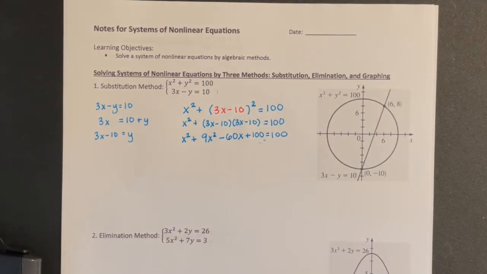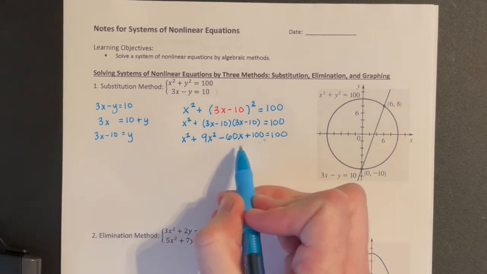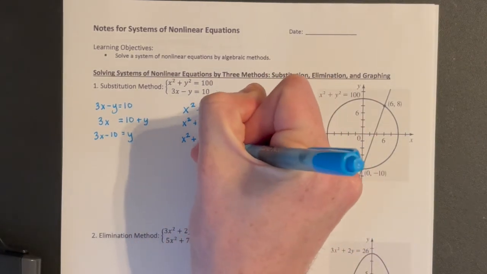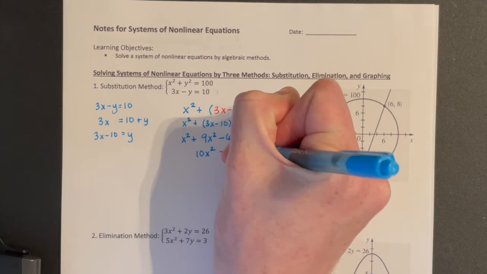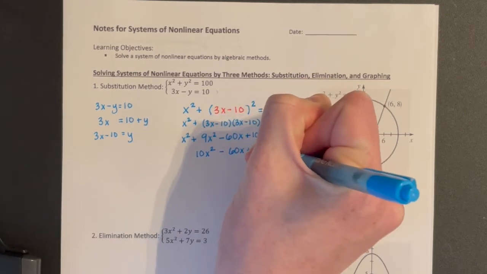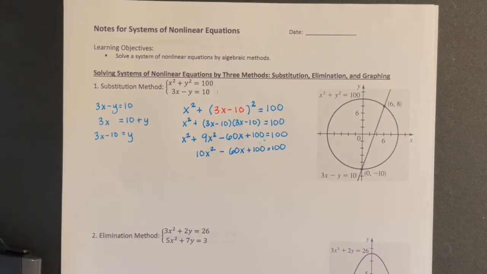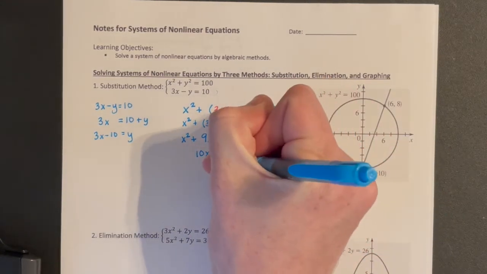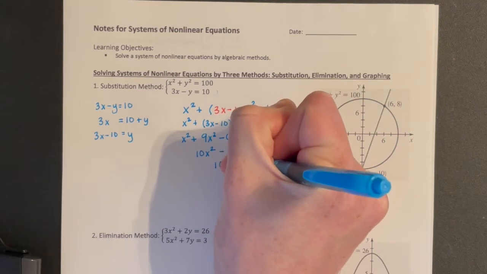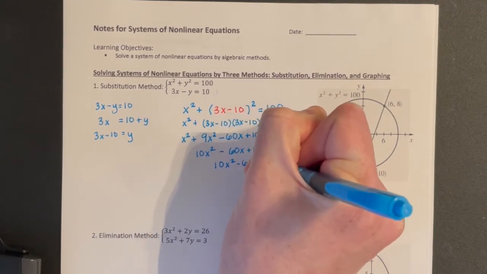All right. So if I combine like terms, I end up with 10x squared minus 60x plus 100 equals 100. And I can subtract 100 from both sides. What we end up with is just 10x squared minus 60x equals 0.